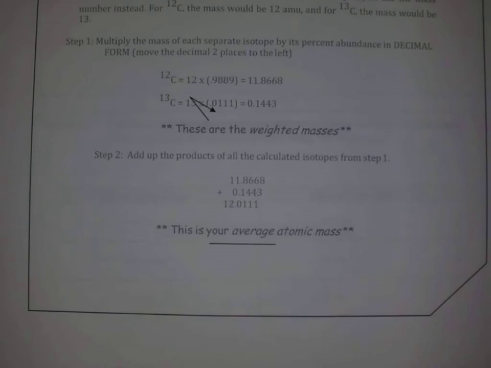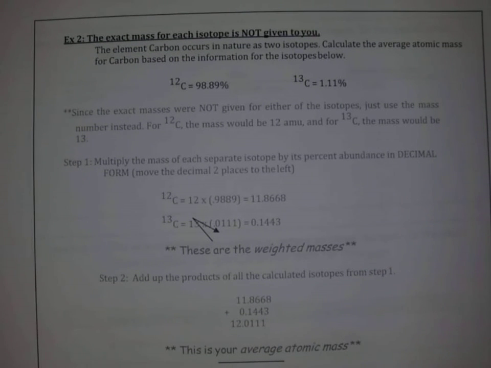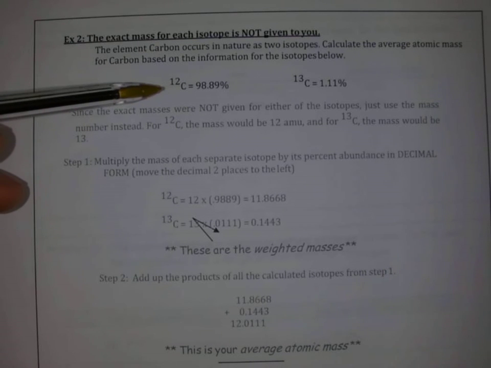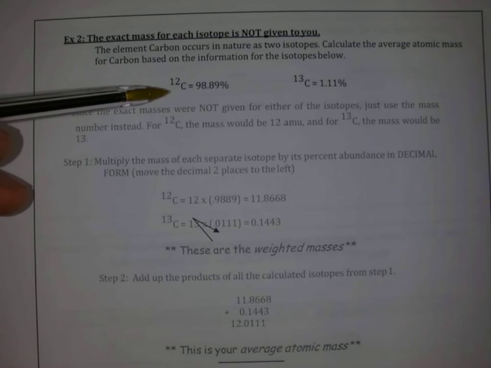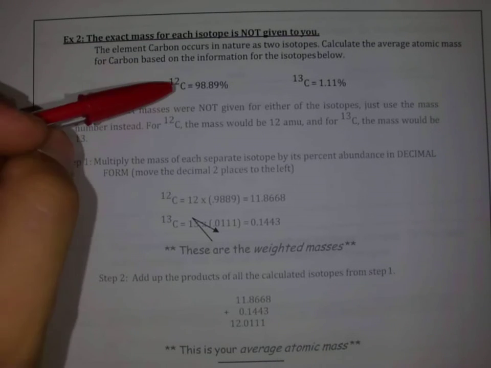So let's go through another example here, all right? If we have two different isotopes and we don't have the exact masses, what we're going to say is that carbon is carbon-12. That's close enough, okay? So we have two different isotopes that we generally see of carbon.